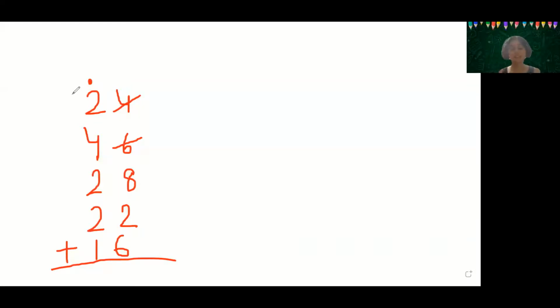Now what is remaining? 0 is remaining. Okay. 8 and 2 is 10. Immediately put a dot. For every 10, you need to put a dot. Now what is remaining? 6 is remaining. Drop 6 as it is.